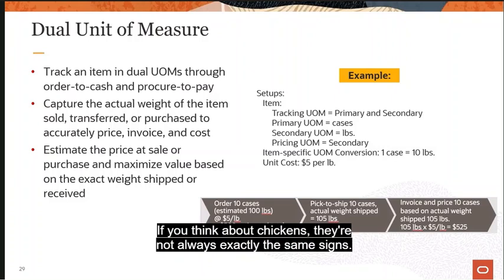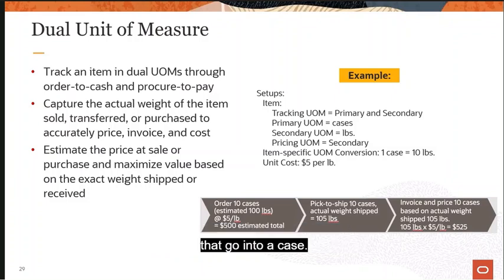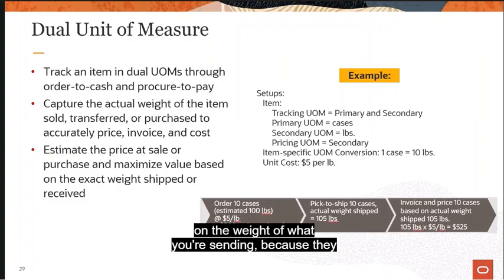If you think about chickens, they're not always exactly the same size, but you may want to count the number of packages that go into a case, but you want to charge your customer based on the weight of what you're sending because they want to pay for the weight of the chicken, not the packaging.